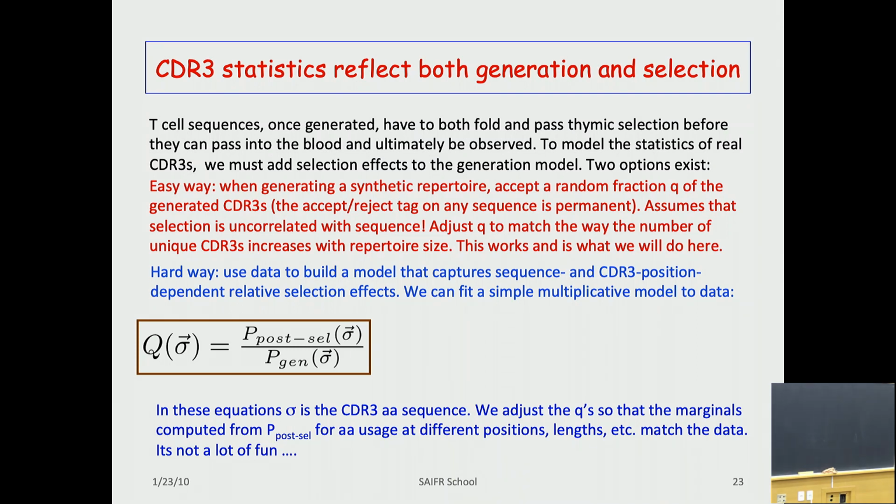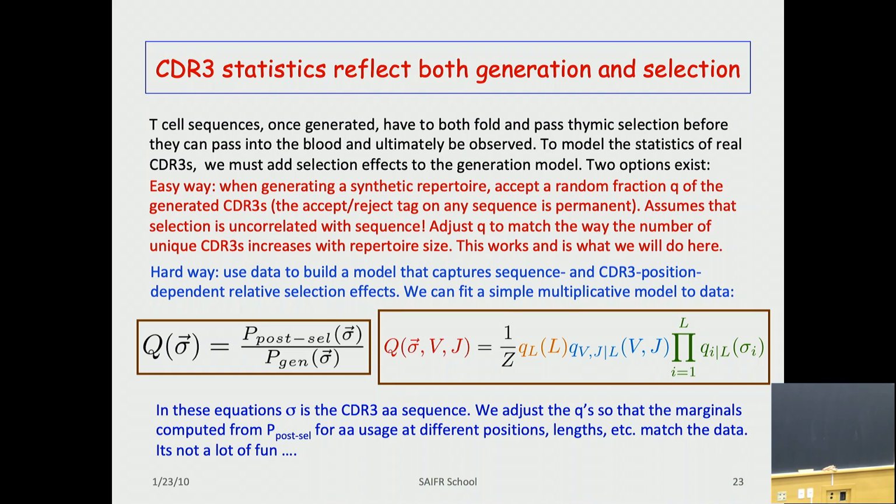And there are a few further decorations of that you might want to think about. So that's the hard way, building a model that captures sequence and CDR3 position-dependent relative selection effects. And we can fit a simple multiplicative model to the data.